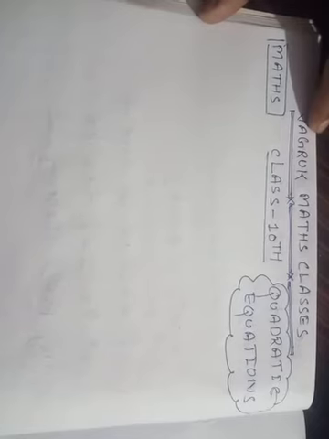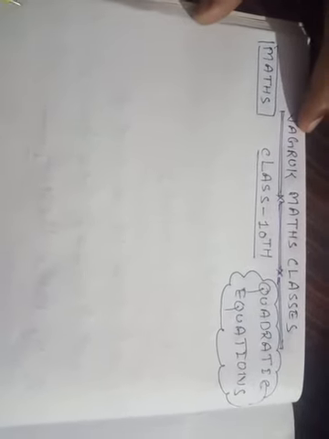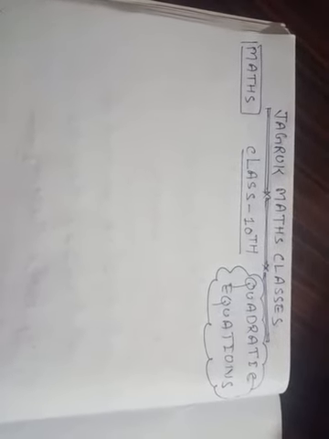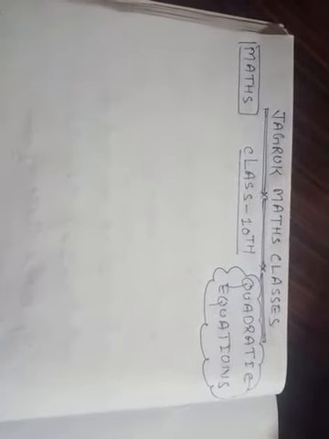So as you know, any quadratic equation is a quadratic polynomial, and every quadratic polynomial has two zeros. So if there are two zeros, then in any quadratic equation there will be two roots. Now in this video I am going to talk about the methods of solving.